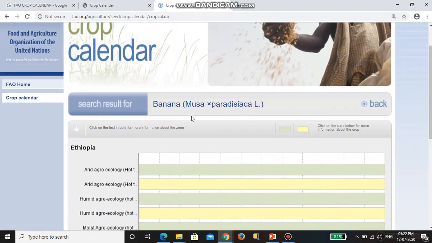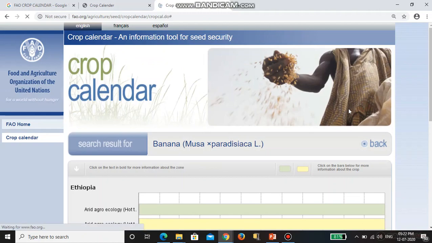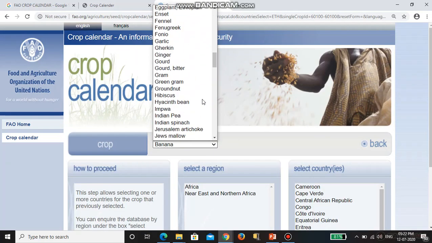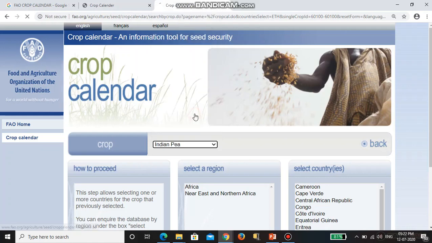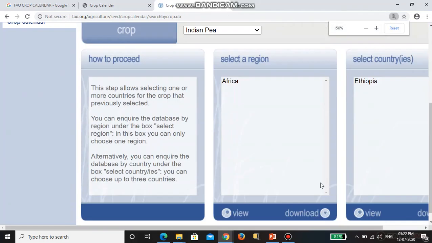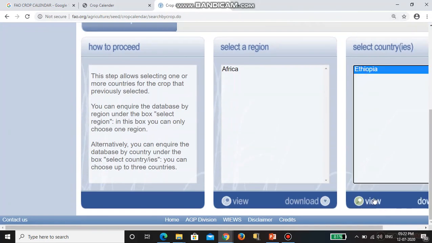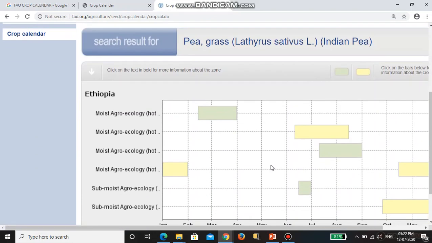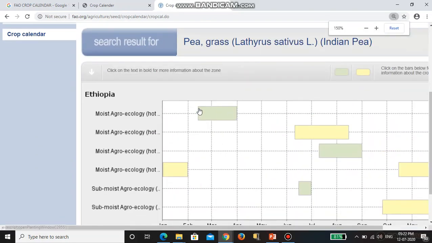Next, we are going to see some other crop, for example, Indian pea. Here also we have 2 countries. So here you can see this bar.